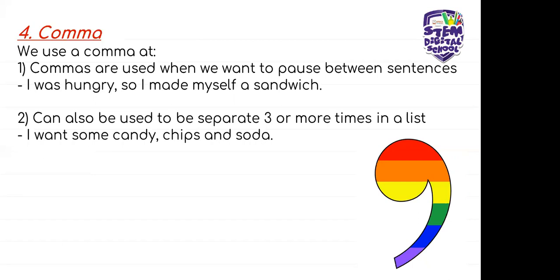But you can list three or more things like I want some chocolate, comma, soda, comma, toys, comma, bread, and shoes. So it doesn't matter how many things you list. You put a comma after each one except before and.